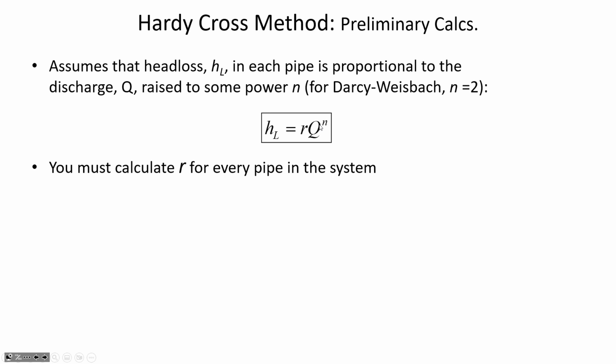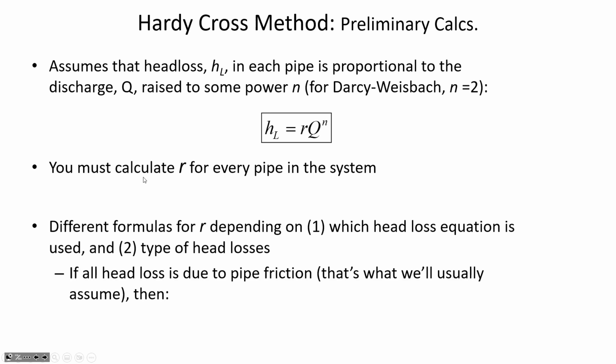In the Hazen-Williams equation for friction loss, you'd use 1.85 as your exponent N. But you have to calculate an R value, which is all of these terms aggregated together, the constants like the pipe diameter, the friction factor, the length of the pipe, and so on.